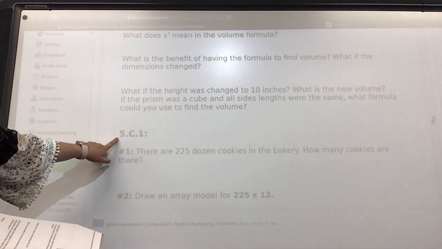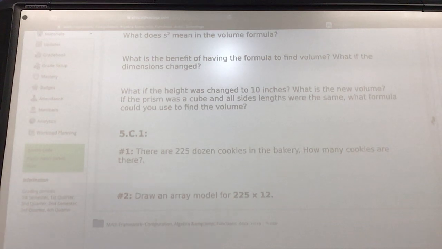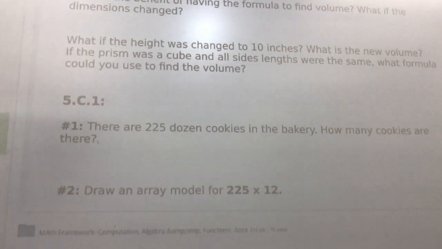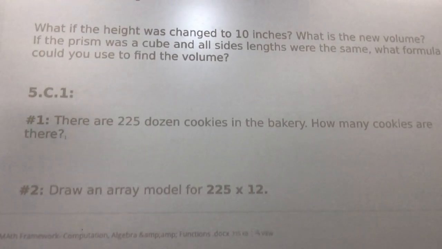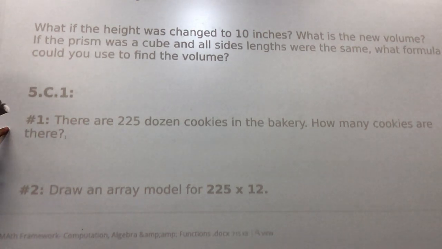Right here. I want you to go ahead and answer this one right here. There are 225 dozen cookies in the bakery. How many cookies are there?